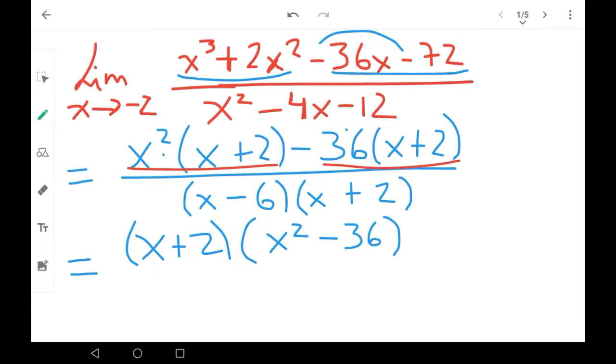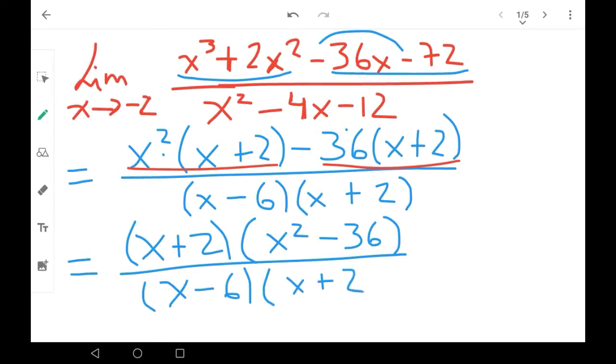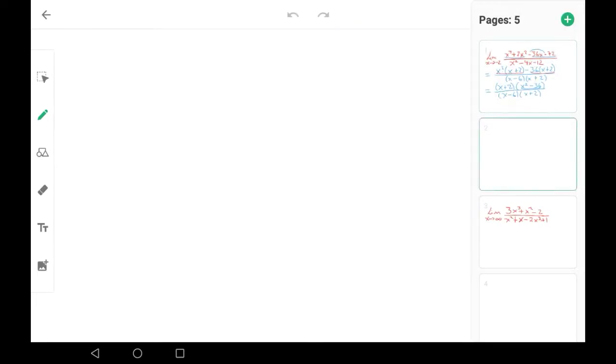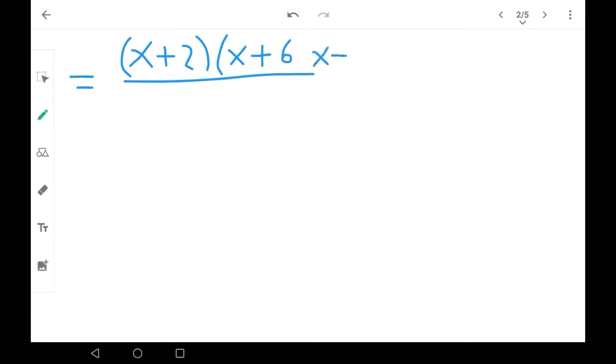Now this is over x minus 6 times x plus 2. But I can continue factoring this expression because here I have a difference of squares. Let's continue on the other page. So this could be equal to x plus 2 times x plus 6 and x minus 6. That would be the factored form.